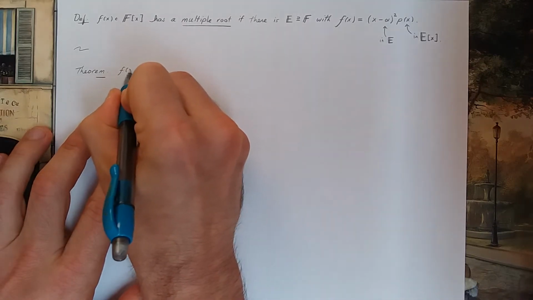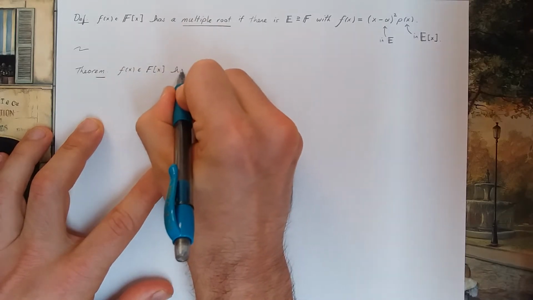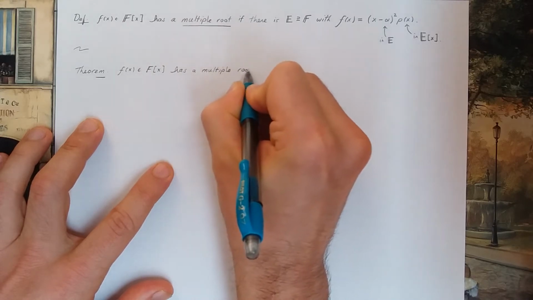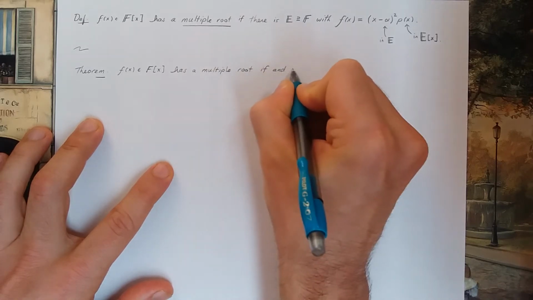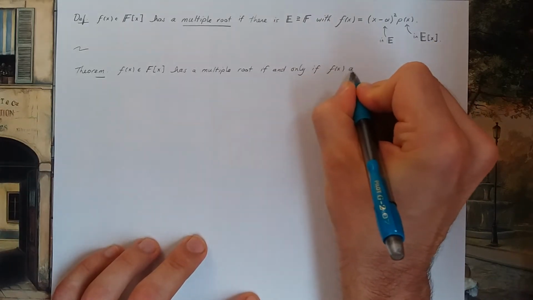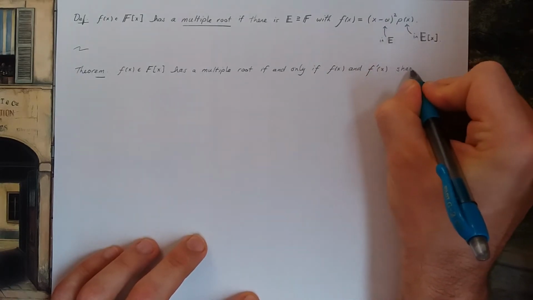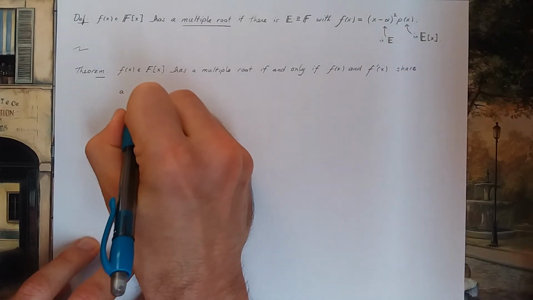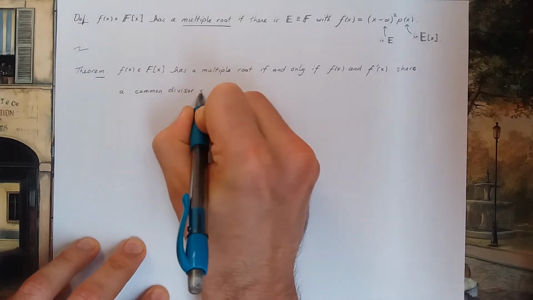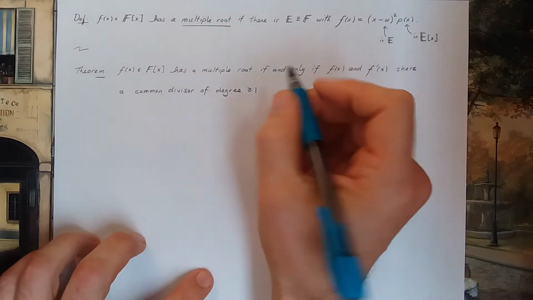The polynomial f of x has a multiple root if and only if f of x and f prime of x share a common divisor of degree bigger than or equal to 1 in F of x.